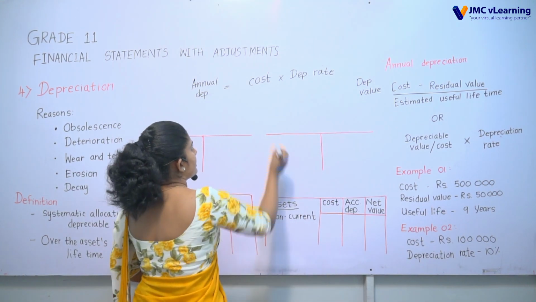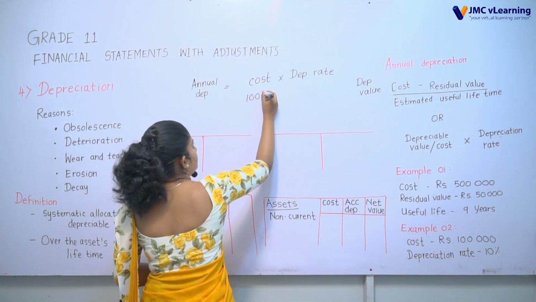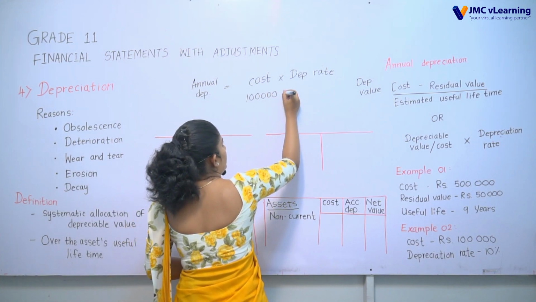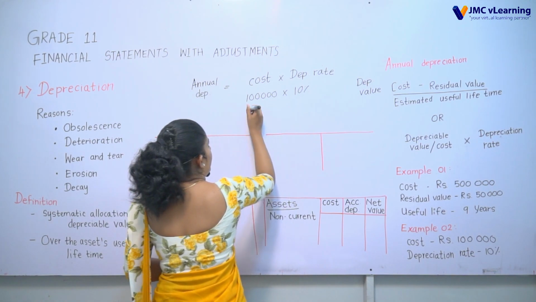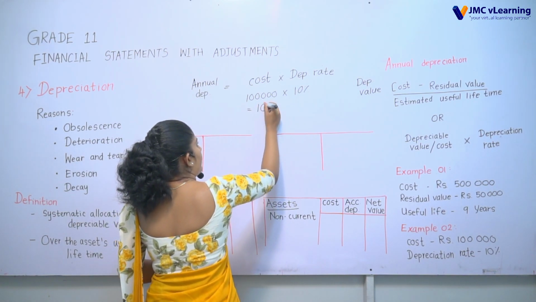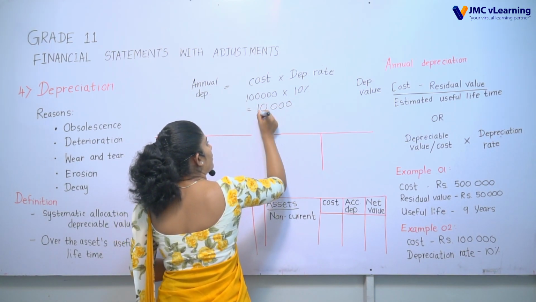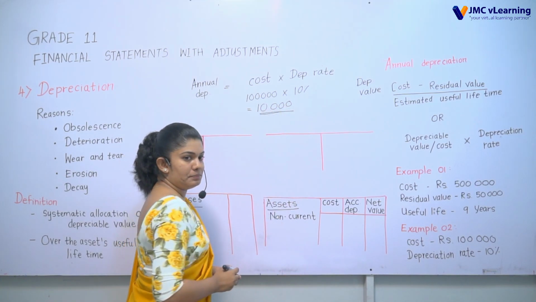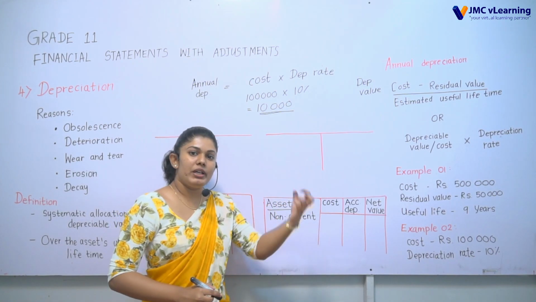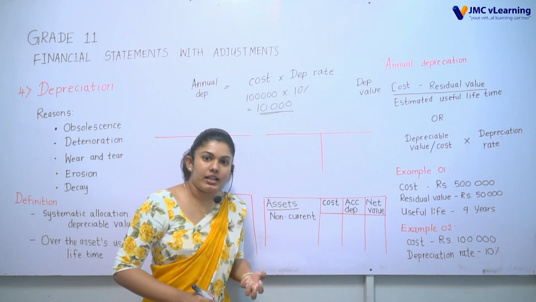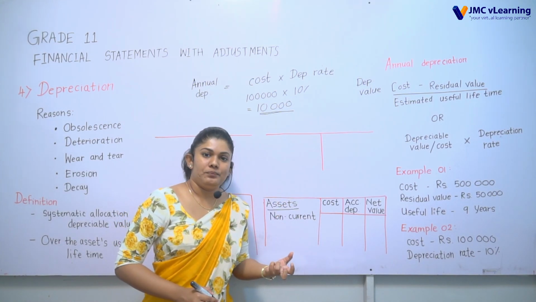Cost is 100,000. Depreciation rate 10%. That means 10,000 per year. The value of this particular asset will be reduced by 10,000 each year.